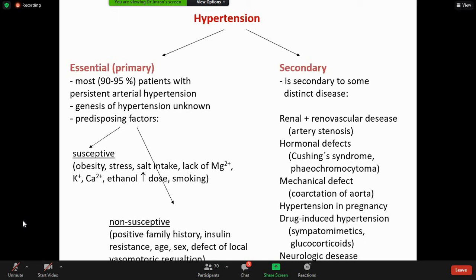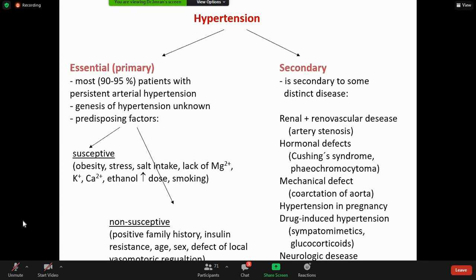What is secondary hypertension? Secondary hypertension means increased blood pressure is due to or secondary to some distinct disease, like renal and renovascular disease.